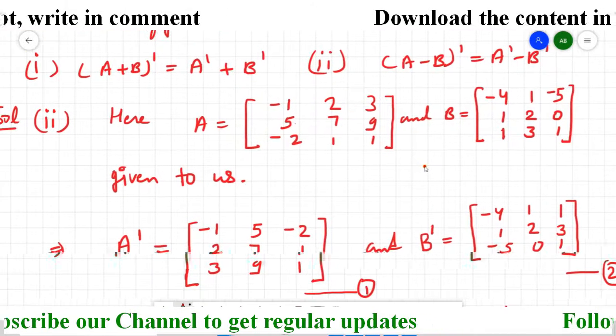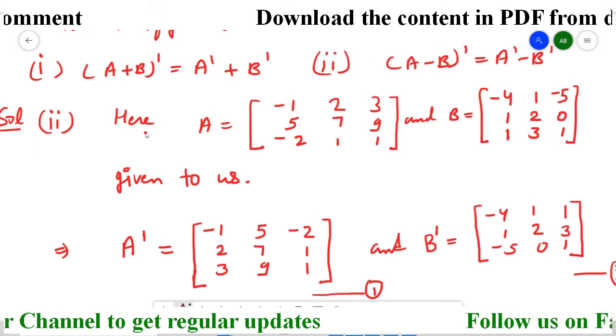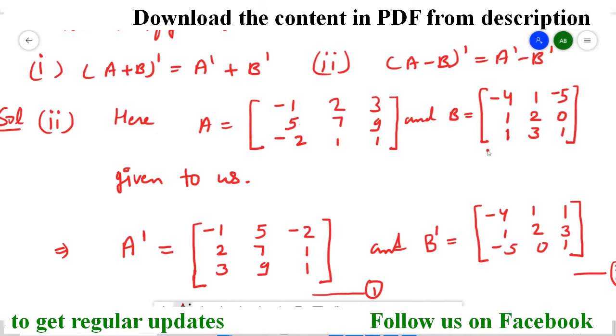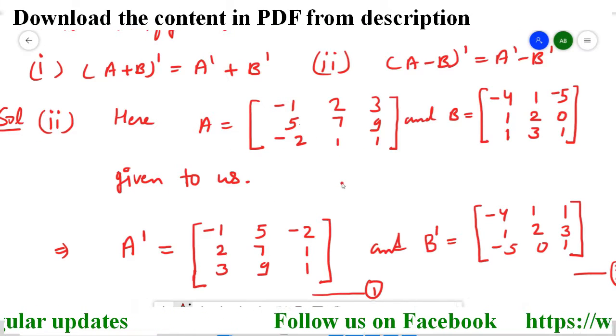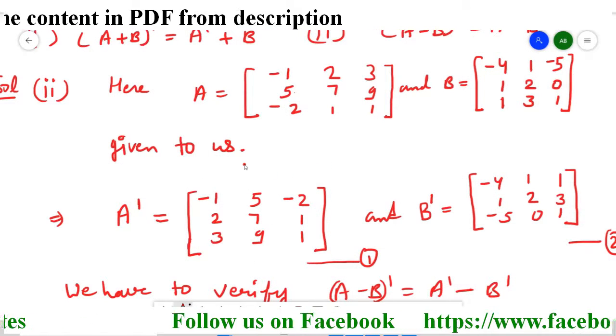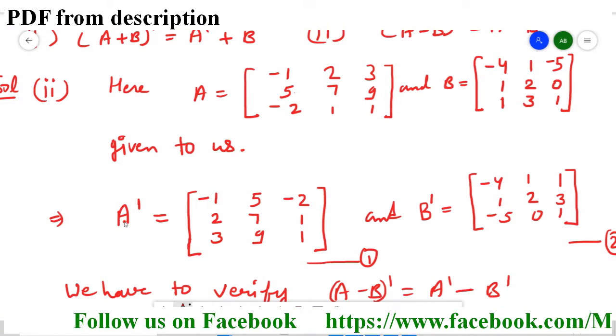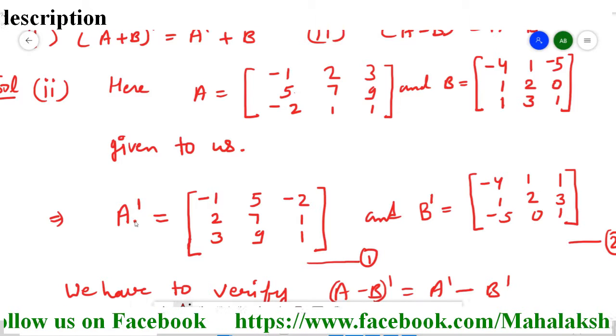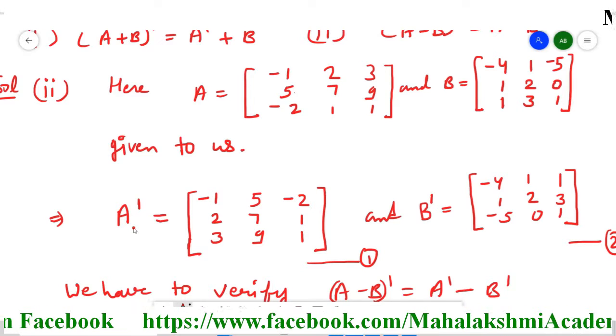So I started the second part, as you can see, I wrote here second part. First I wrote the given matrices A and B. Since we need the A matrix transpose, I found A transpose initially so that I can substitute the values when I need.